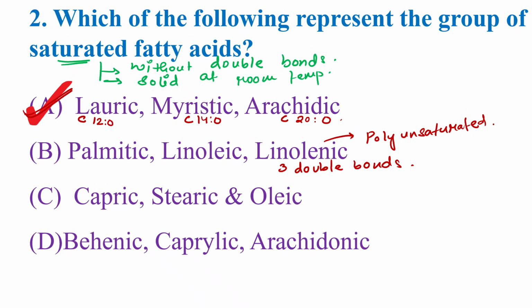Linoleic, in these 2 double bonds are present. So it is also a polyunsaturated fatty acid. Whereas over here oleic, so this oleic, it is a monounsaturated fatty acid, means only one double bond is present in this.